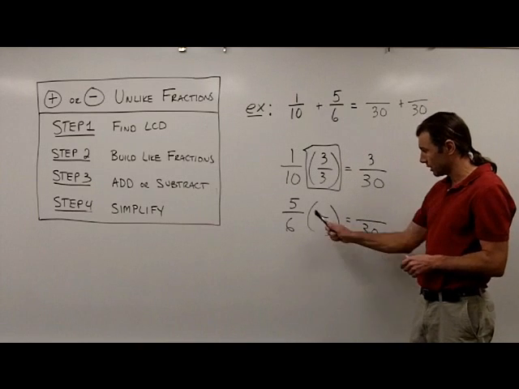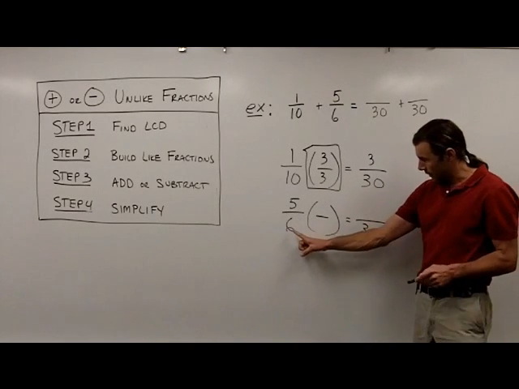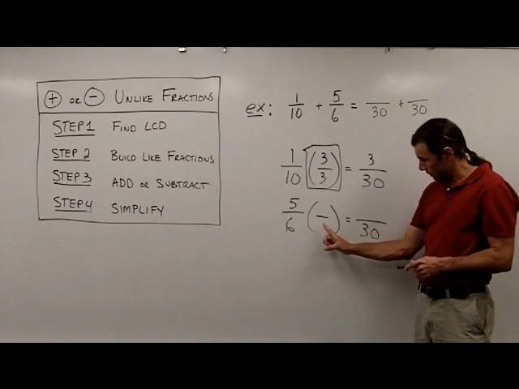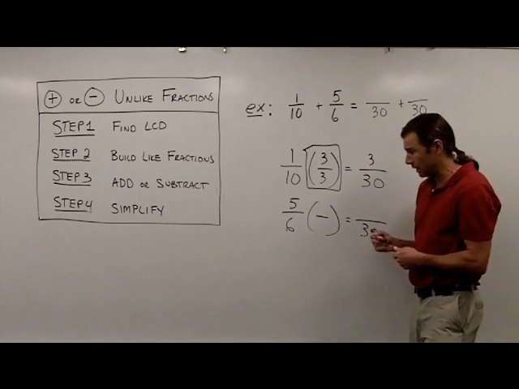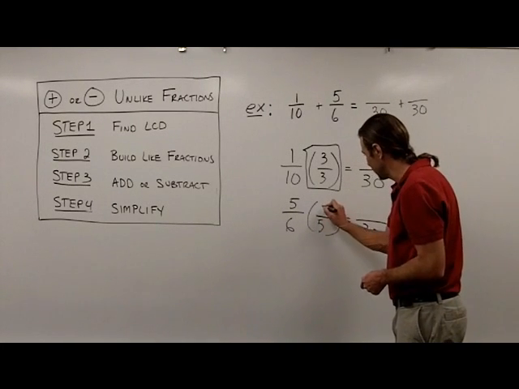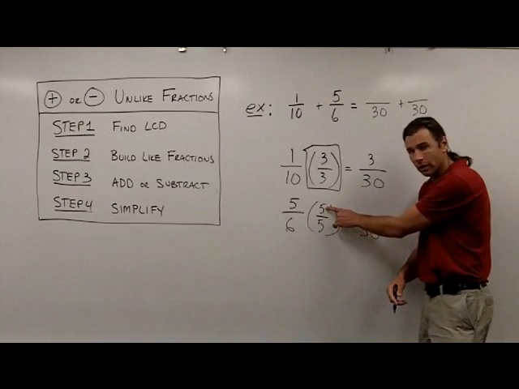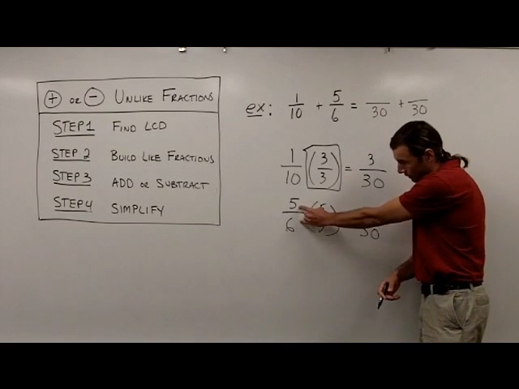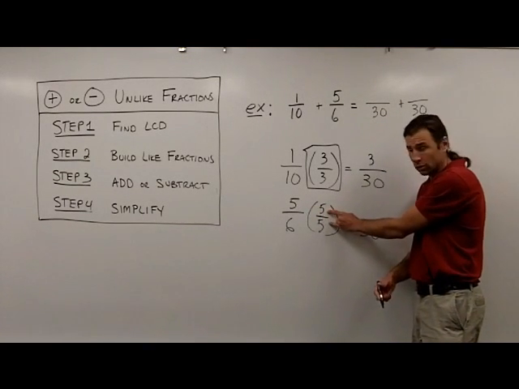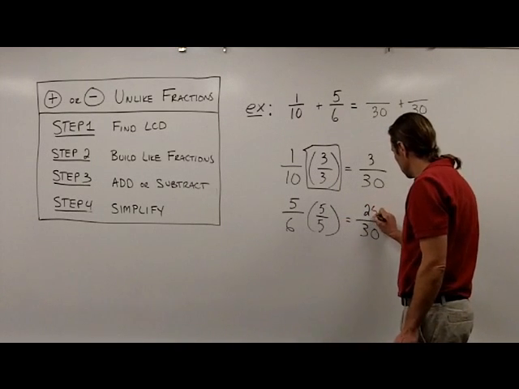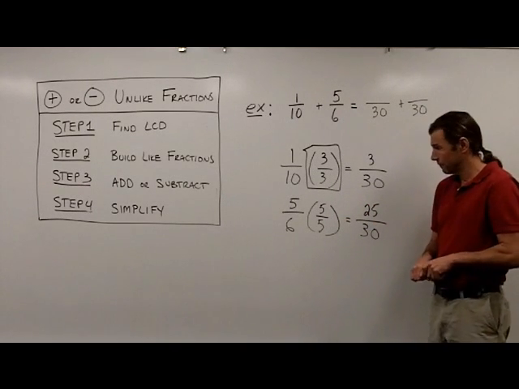Now I'm going to do the same process with 5/6. I look down here at the 6 and I ask myself, 6 times what is going to give me this 30? The answer is 5. And again, I make sure that I multiply the top by 5 so that I'm multiplying this 5/6 times a fraction that's equal to 1. That's going to give me 25/30.